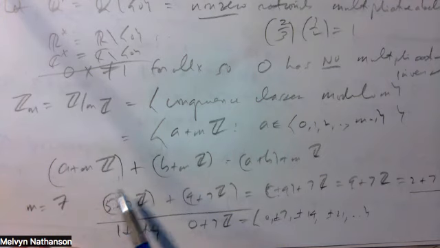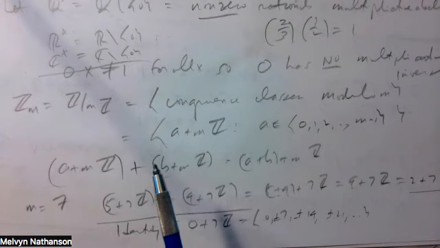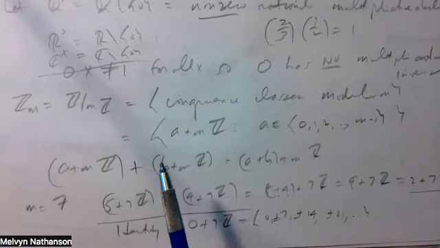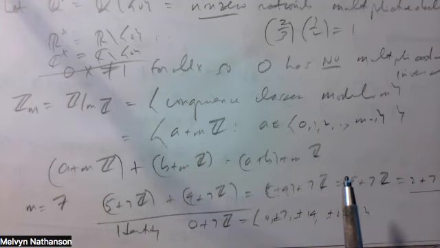There are only 7 congruence classes mod 7, but those 7 elements form a group. Any questions about that?